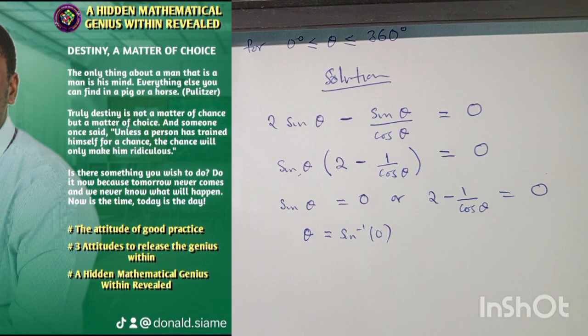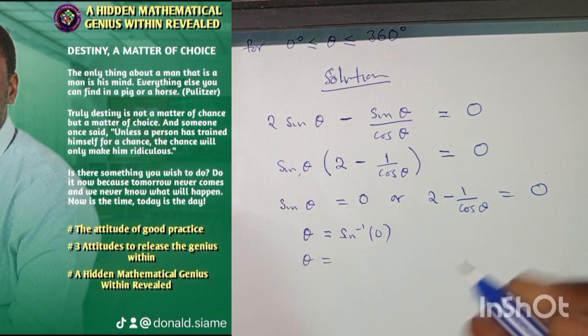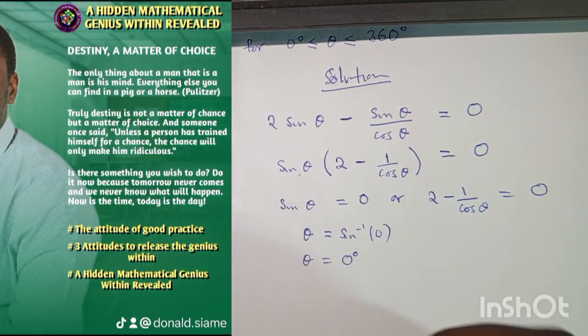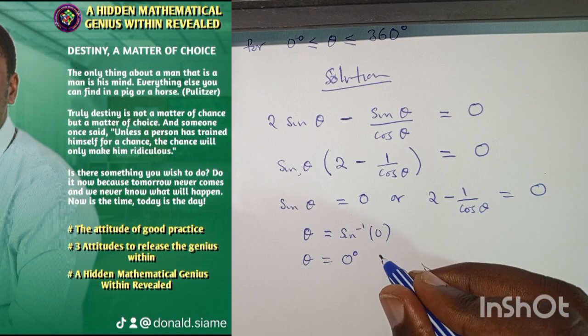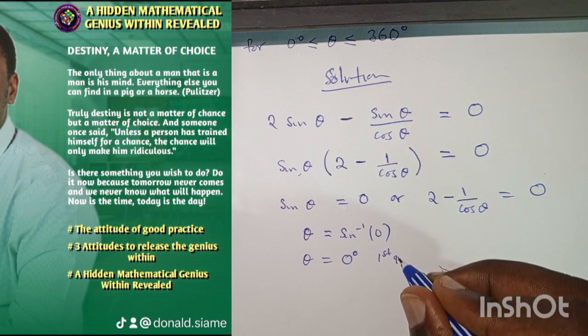What is sine inverse of 0? Sine inverse of 0 is just 0. So theta is equal to 0 degrees. This is the solution in the first quadrant.